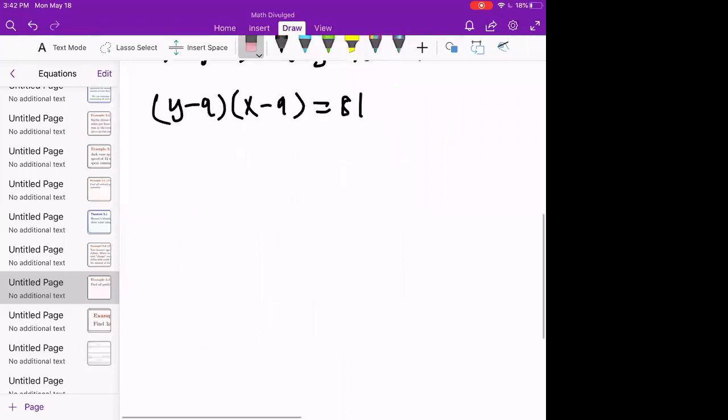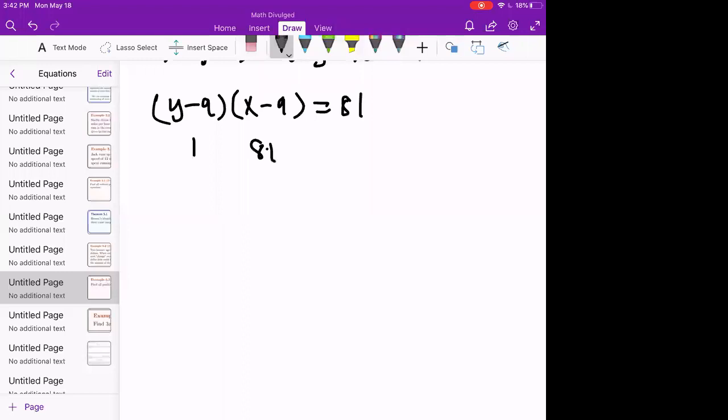So now that we're here, we know that since x and y are both integers as given in the problem, we're going to want to find integer solutions of them, which means that we can simply guess and check different factors of 81 in order to make it work. So for example, this y minus 9 could be equal to 1 and this x minus 9 could be equal to 81.